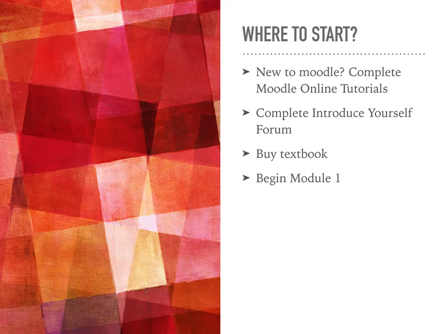I would buy your textbook now. I'm not sure if you can just buy an e-version or a hard book. Again, buy your textbook because you'll need it before you start Module 1. Once you get your textbook, start at Module 1 and go through it. I've tried to provide you detailed information in our class on what you should be doing.